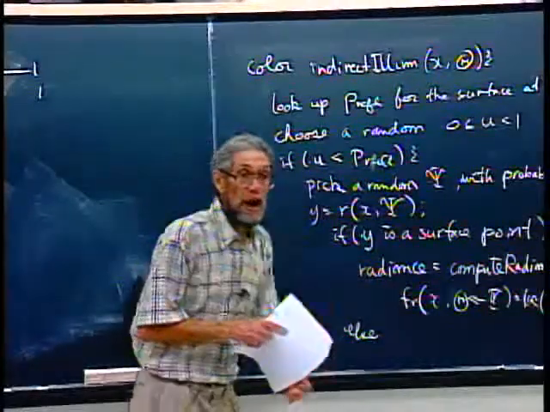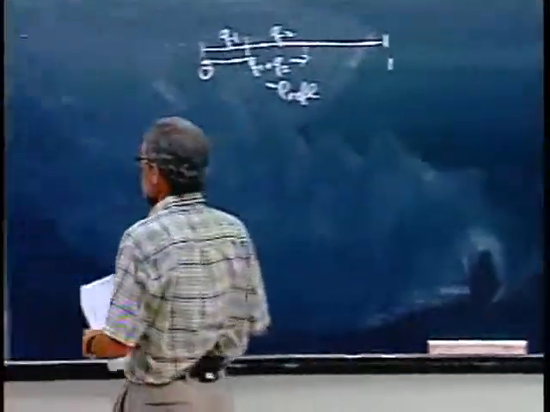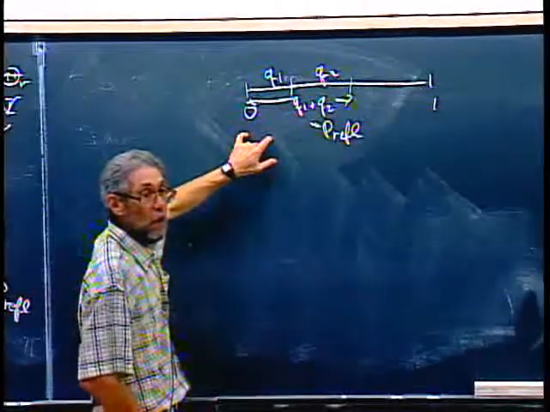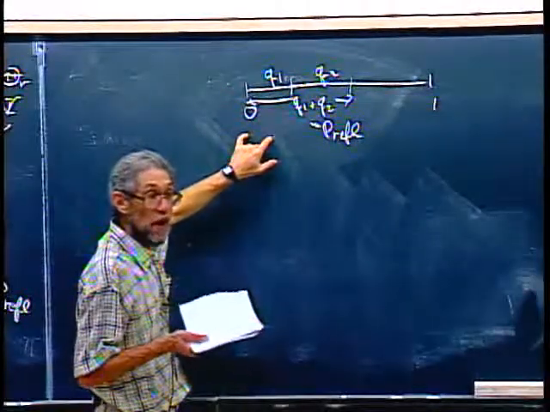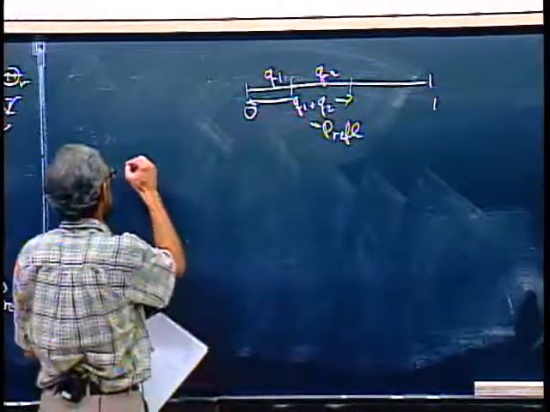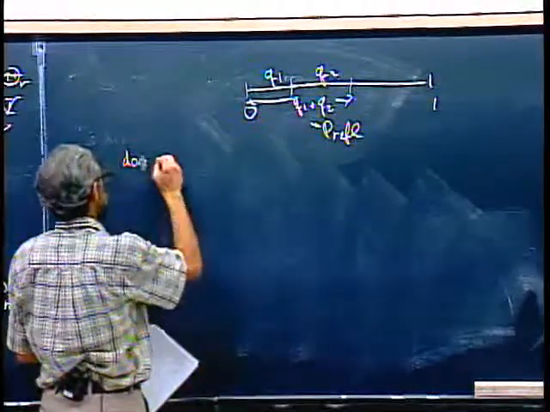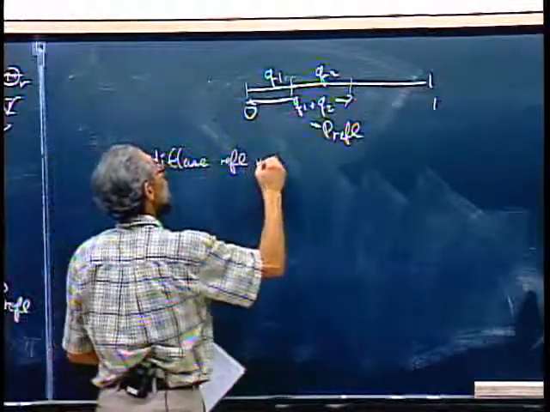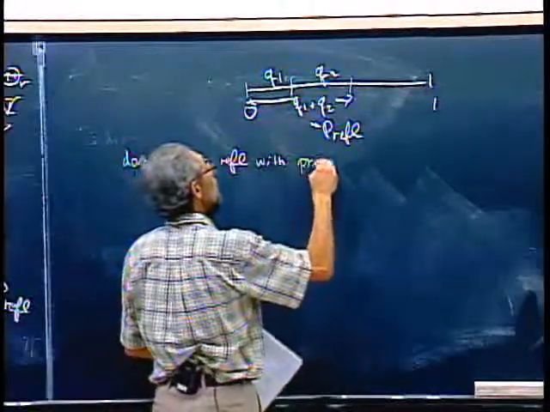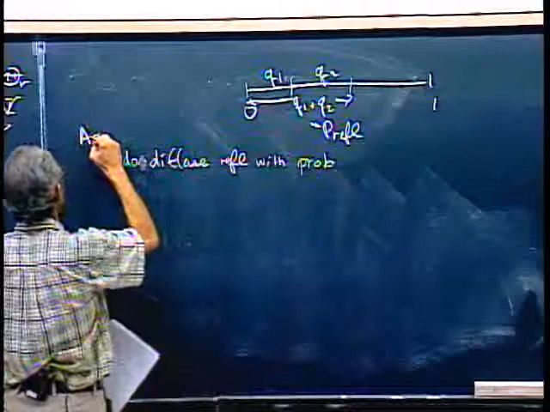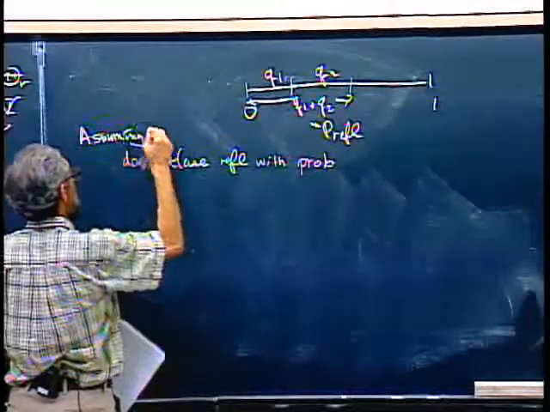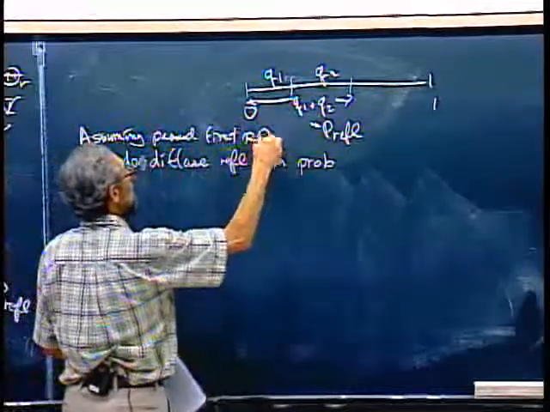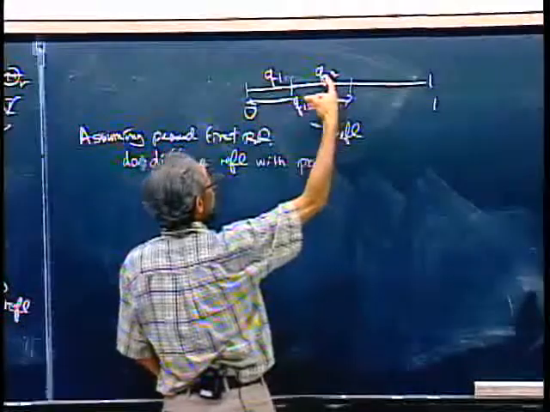And now suppose I want to compute the diffuse reflectivity, but I want to do another Russian roulette on it. So I want to do diffuse reflectivity, assuming I passed the first Russian roulette trial, and I'm less than this p reflect with my random number.